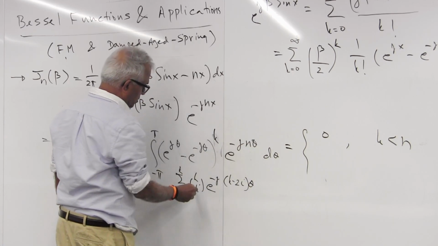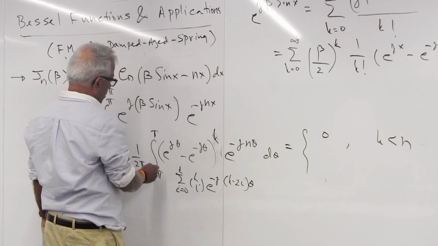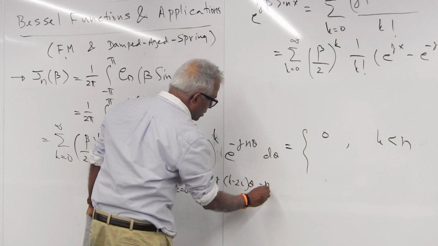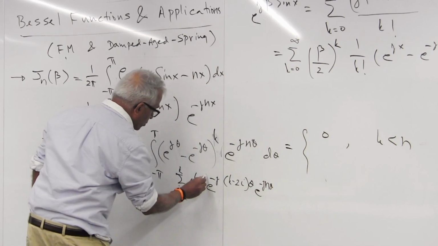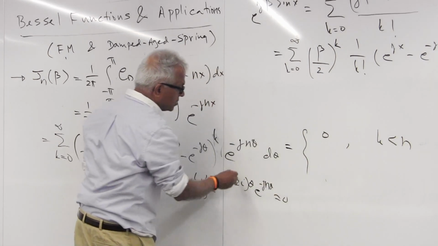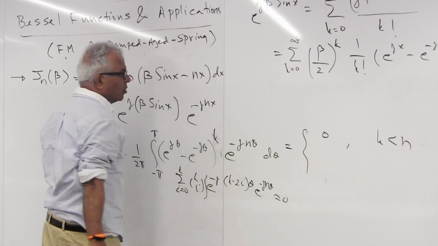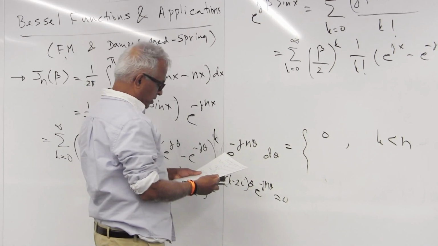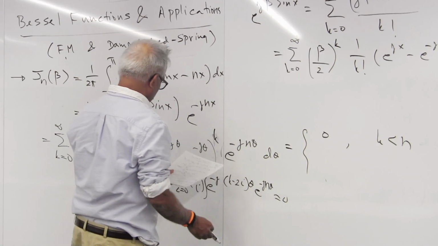This multiplied by e raised to minus j n theta, integrated over minus pi to pi, will be 0 if k is less than n. So the only case where it will be non-zero is when k is greater than n.